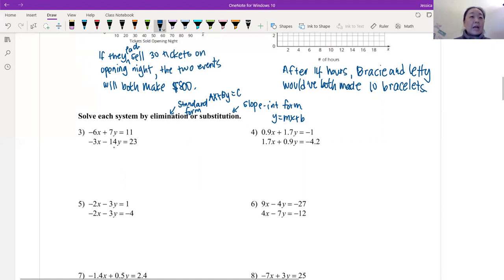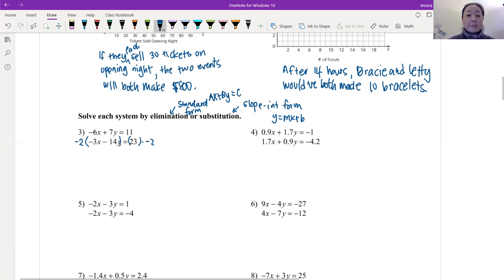So I notice here that none of the coefficients are the same. But if I multiply this bottom number by 2, well, technically -2, then I could get it to be 6. So here I'm going to multiply the bottom by negative 2. The reason why I multiply by -2 is because if I just multiply by 2, that'll still be a -6.